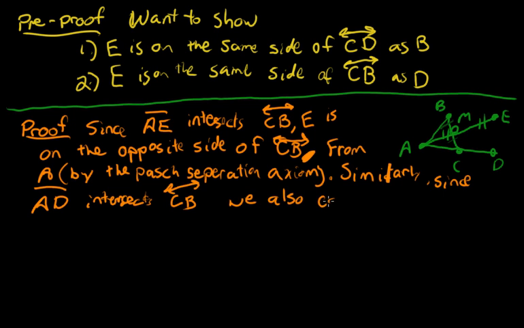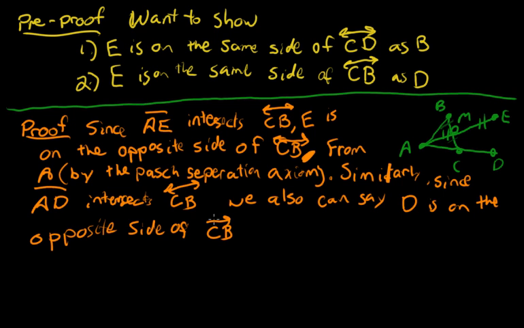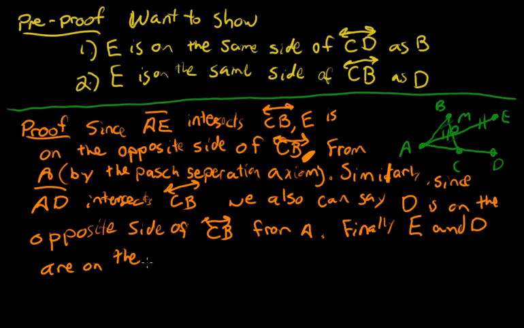We also can say D is on the opposite side of CB from A. Finally, E and D are on the same side of CB. Alright, so that is our proof.